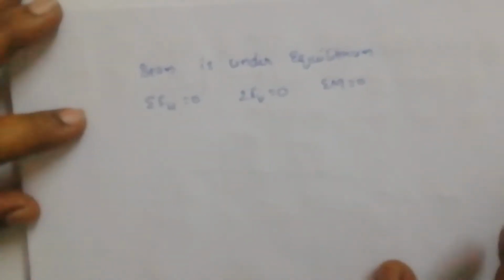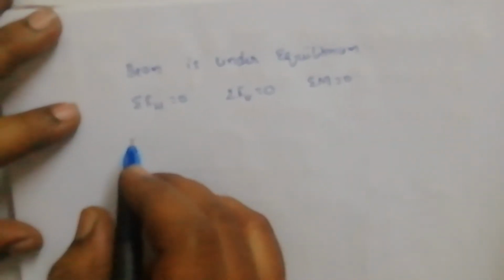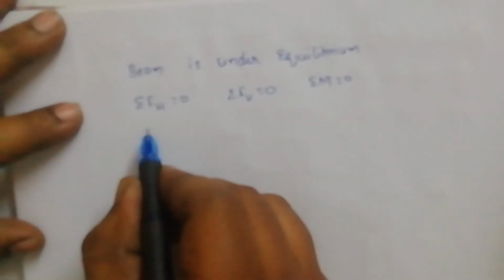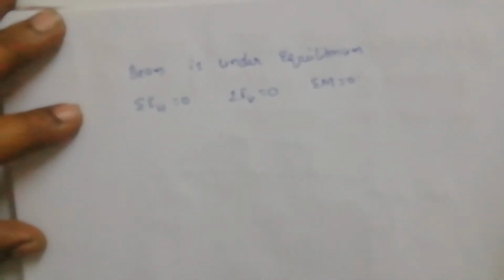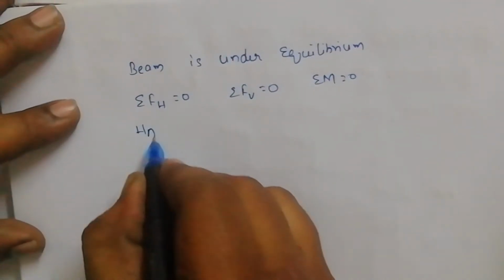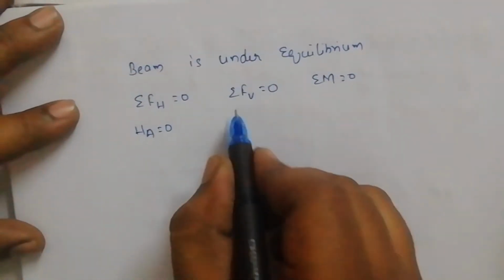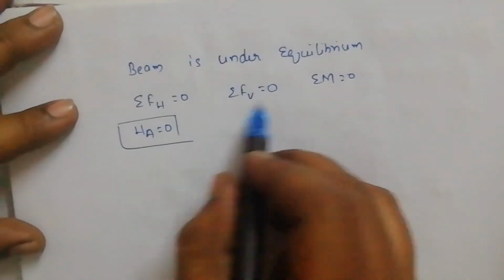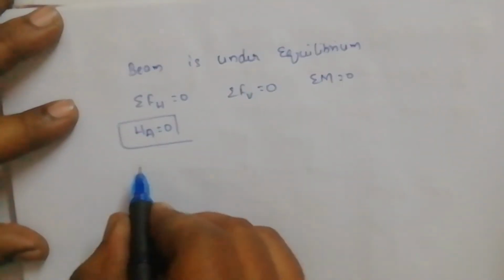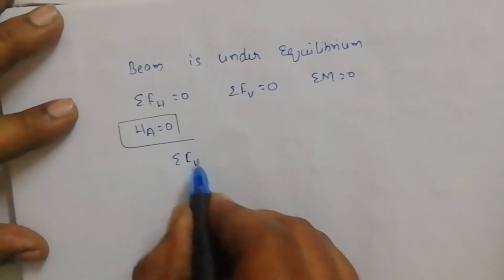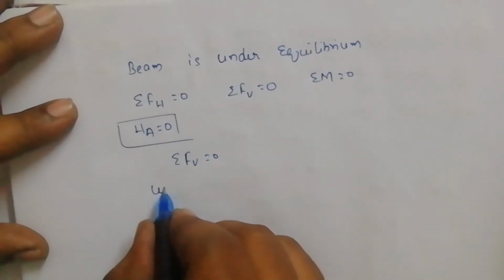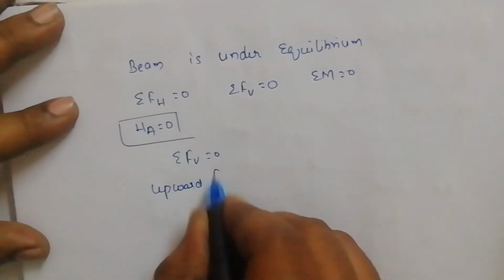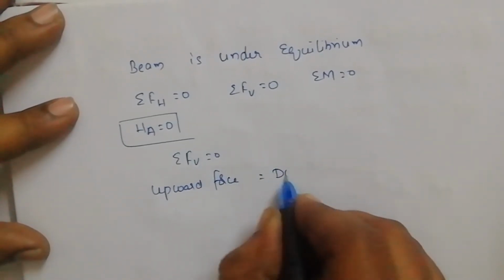In previous cantilever problems, whenever I took horizontal load, HA was directly 0, and in vertical load we had only one unknown, so we got the value in the second equation itself. But now let us see what happens when I do summation of vertical forces equal to 0, that is, upward forces equal to downward forces.